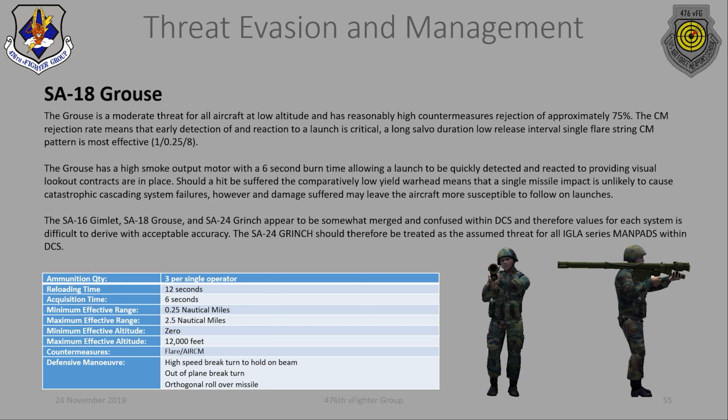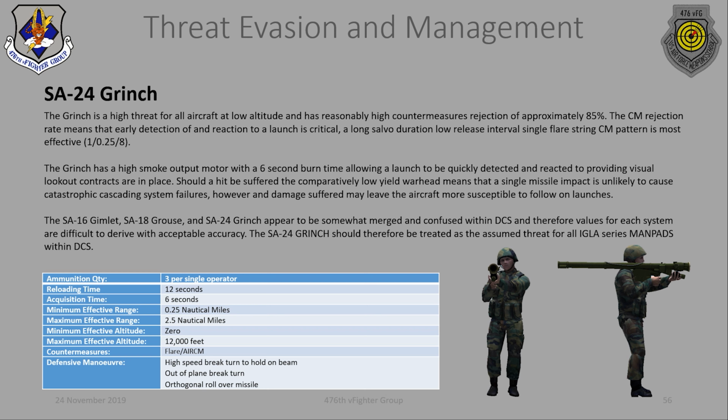I'm sure many of you will have seen in the mission editor, you've got SA-18 Igla S, and then on the Georgian side, if you use the SA-18, it's just the SA-18 Igla. Well, the Igla S is the SA-24, not the SA-18. So there's a bit of ambiguity, again, over what DCS is actually modelling. So to keep it safe, it's best to assume that the SA-24 is what you're going up against all the time, because ED doesn't seem to have grasped the difference between the SA-18 and the SA-24.